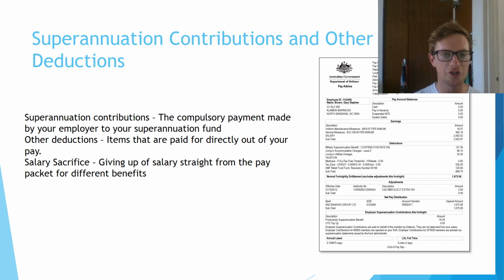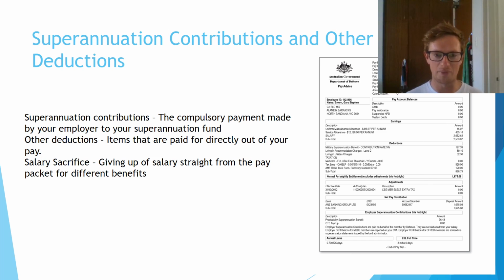All right, so the last slide we've got today is your superannuation contributions and other deductions. You should all know by now that the superannuation contribution is a compulsory payment made by your employer to your superannuation fund. At the moment, your employer must pay 9.5% of your total wage to your superannuation fund.